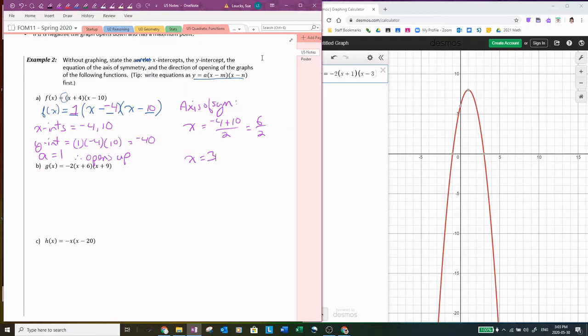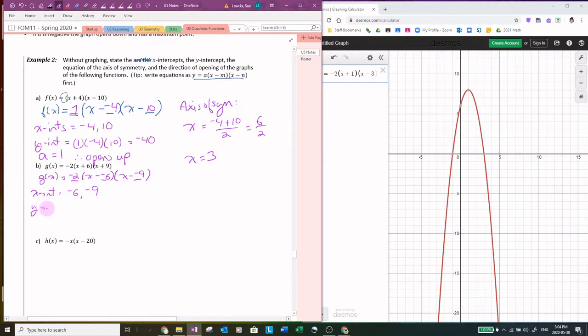Okay, I invite you to pause and try these next couple on your own and then check your answers. I'm, again, just going to keep working. So g of x equals something times x minus something times x minus something. So that's going to be -2 times x minus -6 times x minus -9. So my x-intercepts are -6 and -9.